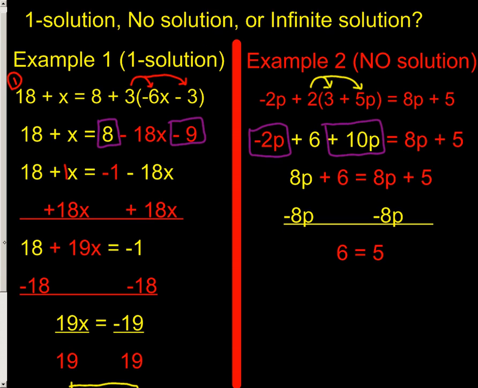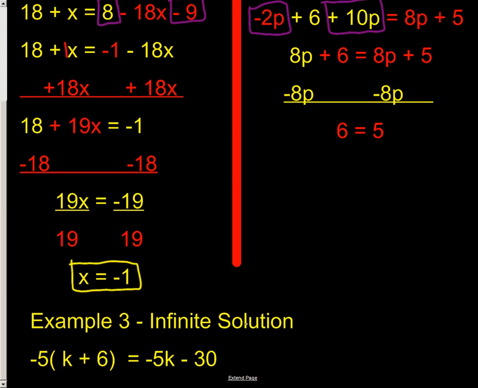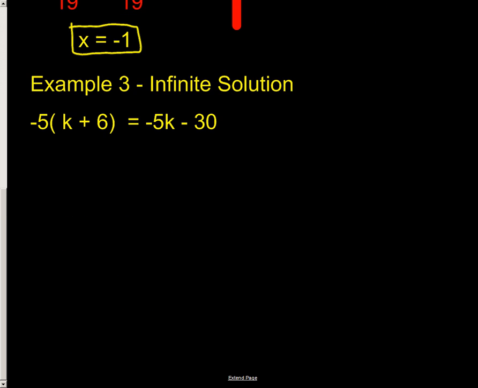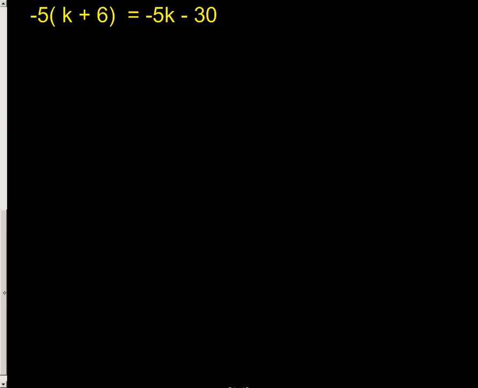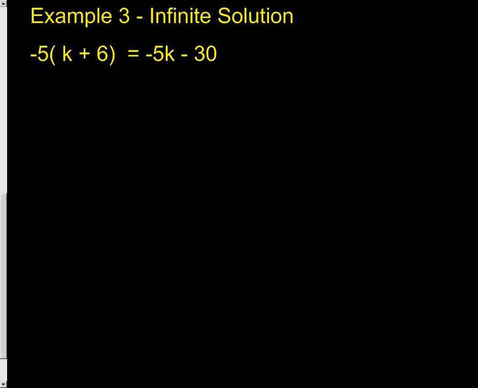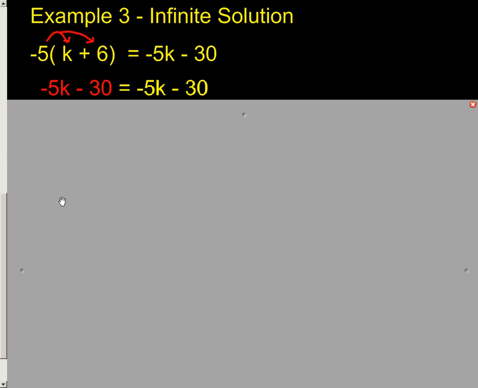And now let's take a look at the infinite solution situation here. Let's go and solve this one together. Let's distribute. And we get negative 5k minus 30. Keep in mind, if you ever need to, just slide a 1 in front of those variables again. So negative 5 times 1 is negative 5, and negative 5 times positive 6 is negative 30.